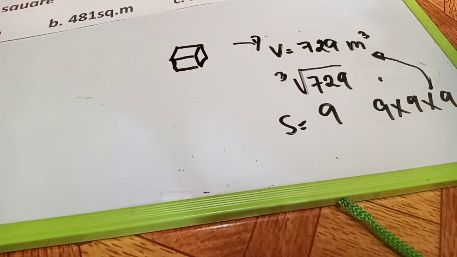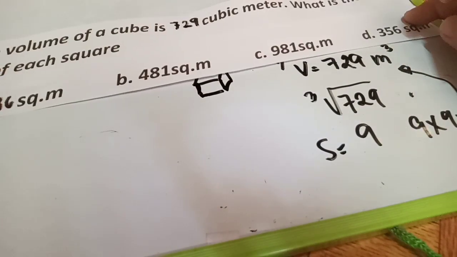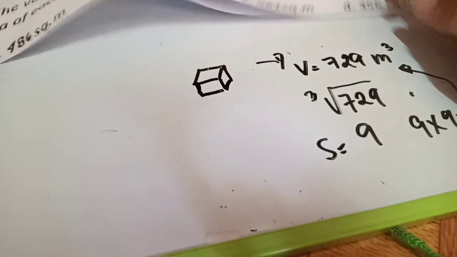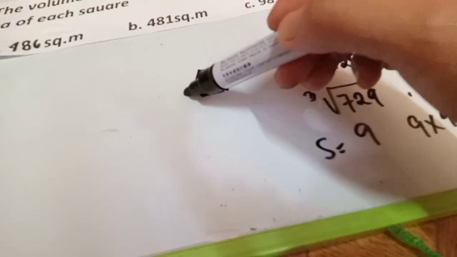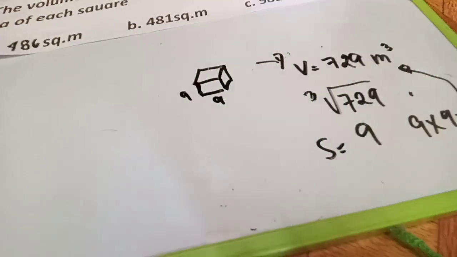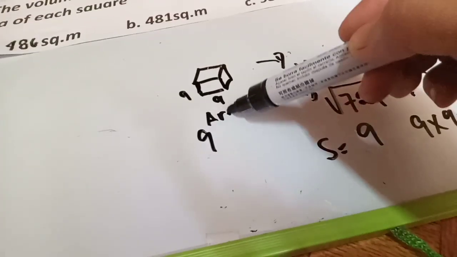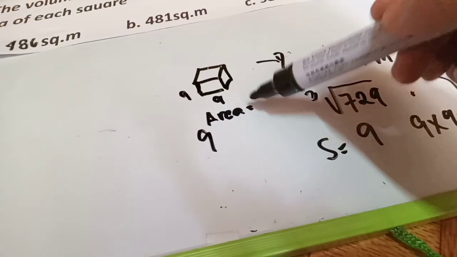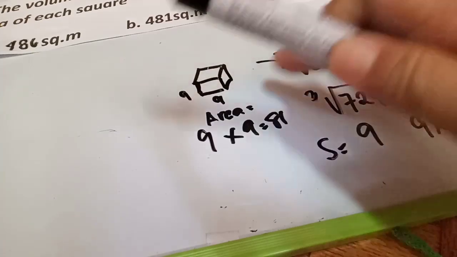And what is the total area? They are asking for the total area. So, each area, if we look at the cube, each side will be 9, right? So, 9 times 9 will become 81, right?